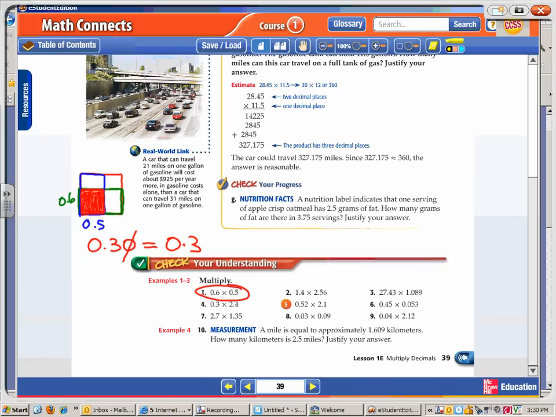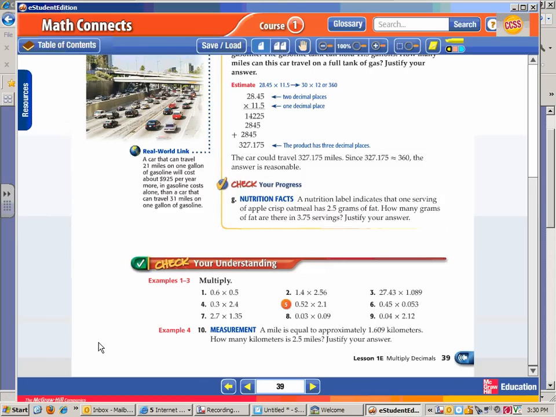representation with the multiplication. And then what we started doing was taking that and going into algorithms and trying to use traditional multiplication to solve multiplying decimals by decimals. And this is where we got tricky because I could tell that some of you aren't confident with your multiplication.